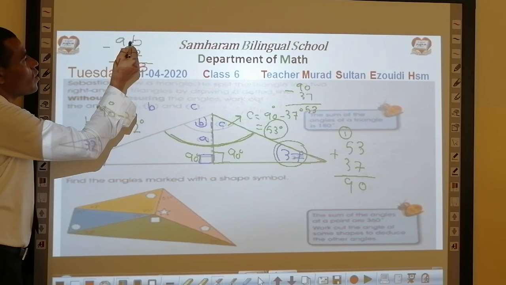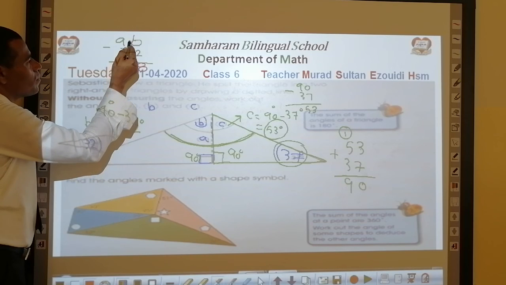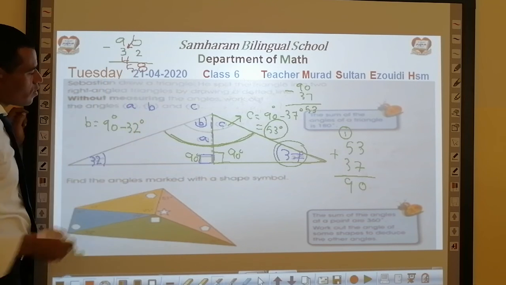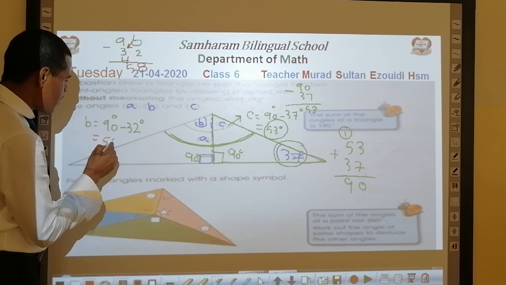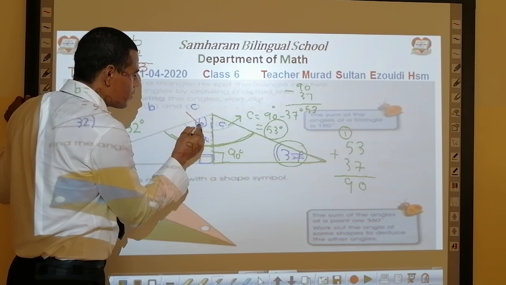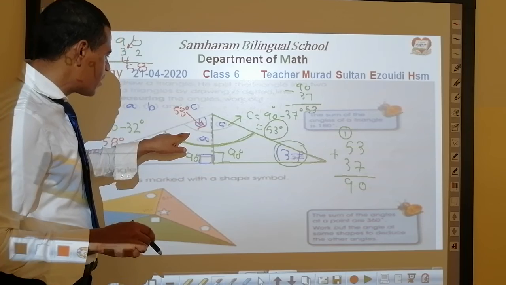Then the one I borrowed, I will add with the 3, 1 plus 3 is 4. 9 minus 4 is 5. So 58 degrees. So B equals 58.